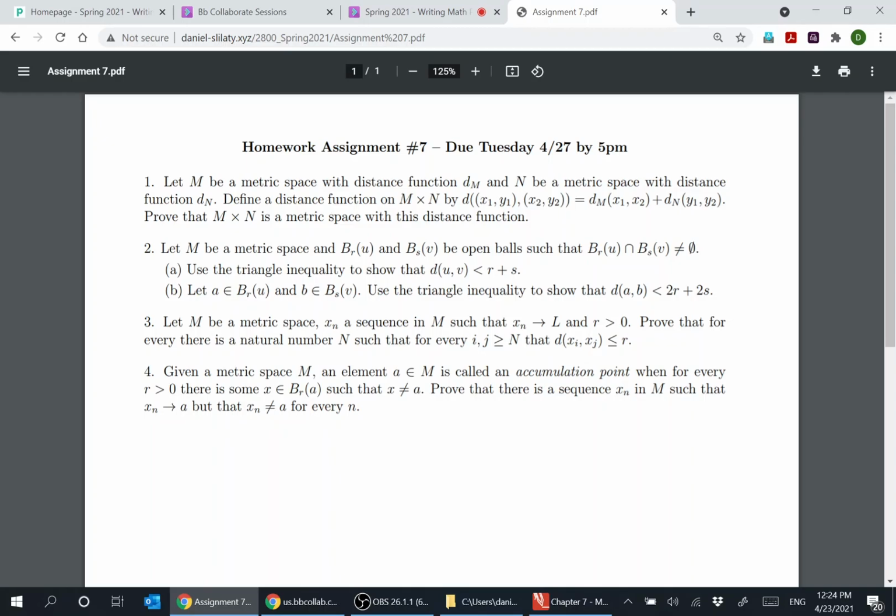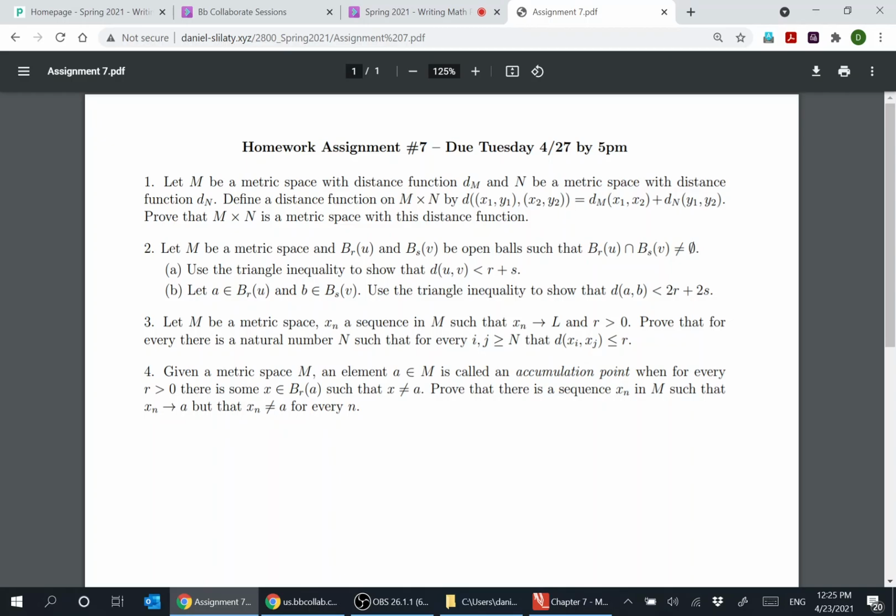M is a metric space with distance function dM, and N is a metric space with distance function dN. So the fact that this d satisfies properties 1, 2, 3, 4 comes from the fact that dM and dN satisfy properties 1, 2, 3, 4.